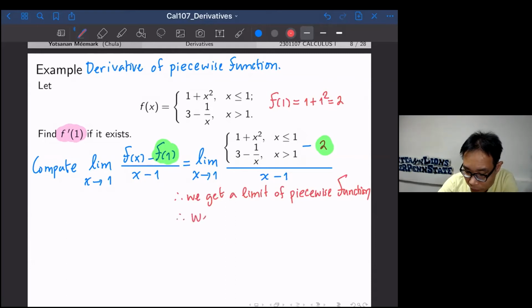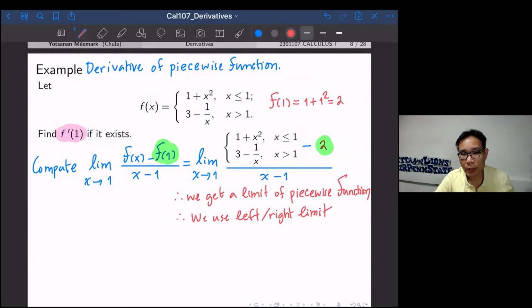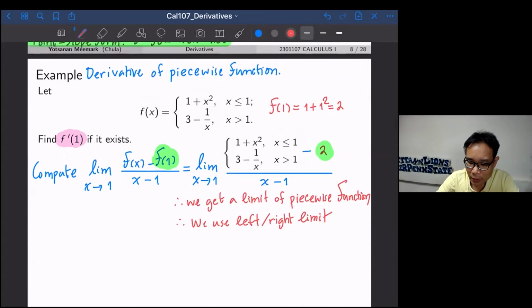We use the left and right limit. This is the technique that I taught you before. The techniques we have are plug in and simplify, left and right limits, and the squeeze theorem. In this case we use the left and right limit.